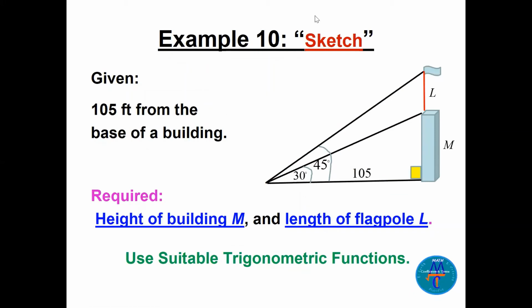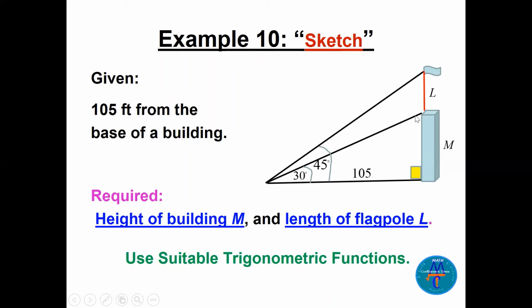This is the sketch now. So we have a building. Now we have 105, the distance between the building and a point here. The angle of elevation to the top of the building is this 30, but we have a flag on the top of the building. So this angle will be bigger, it's 45 now.